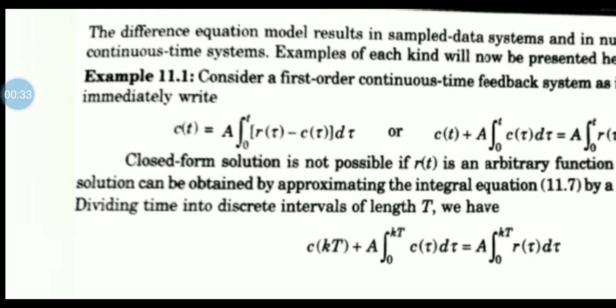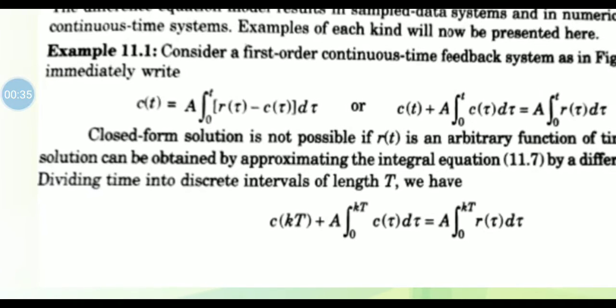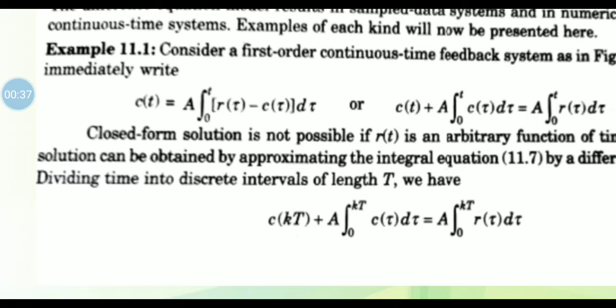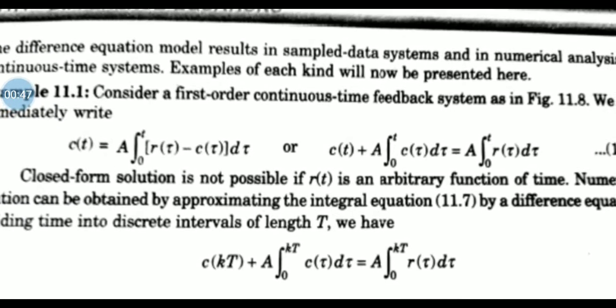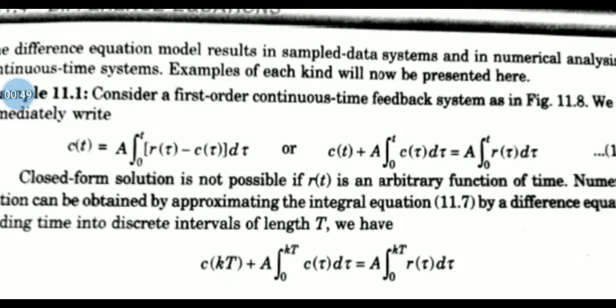We can immediately write c of t is equal to a integration 0 to t of r of tau minus c of tau d tau, or c of t plus a integration 0 to t of c of tau d tau, which is equal to a integration 0 to t of r of tau d tau.